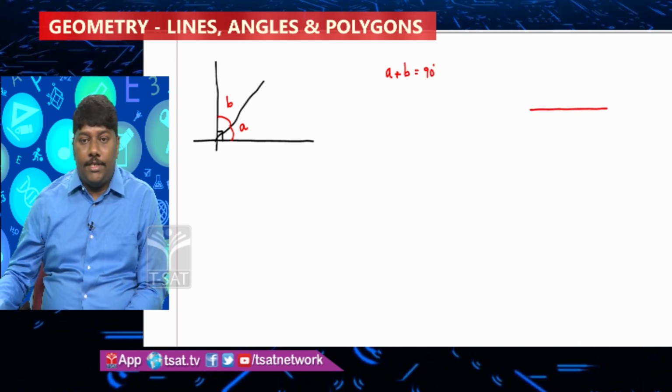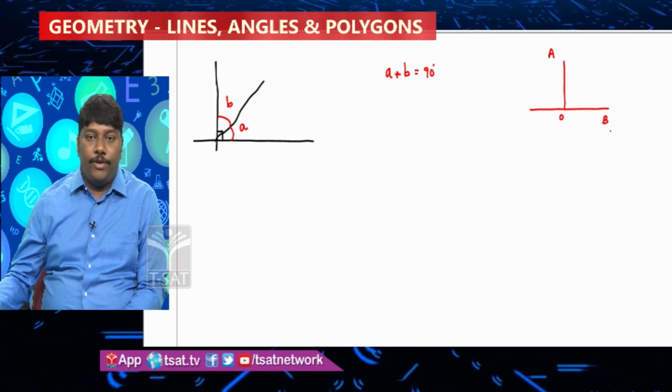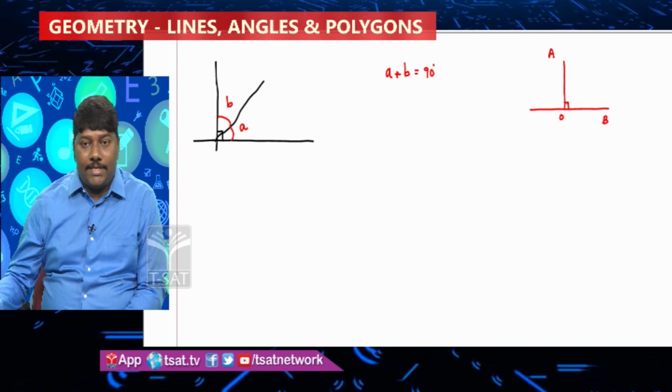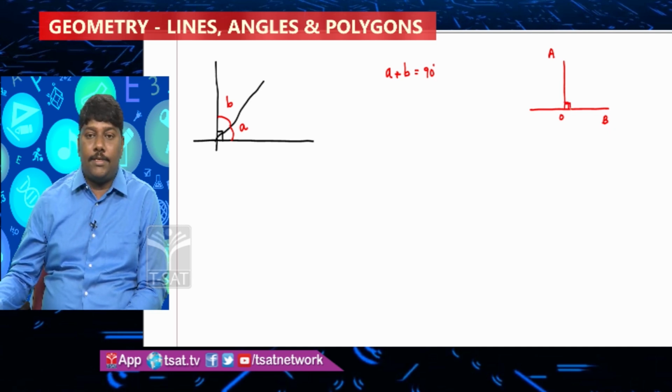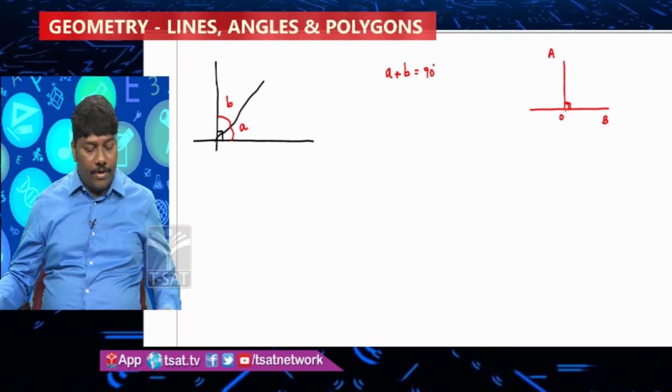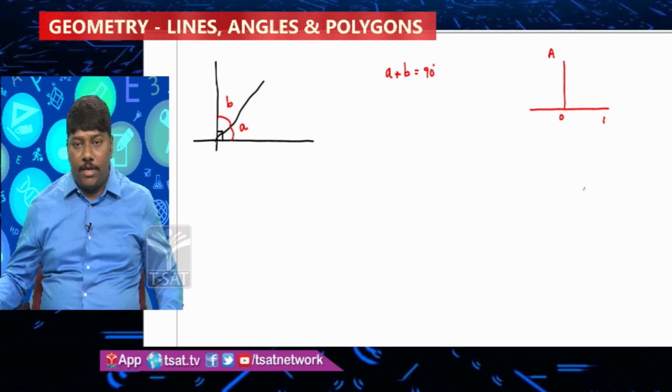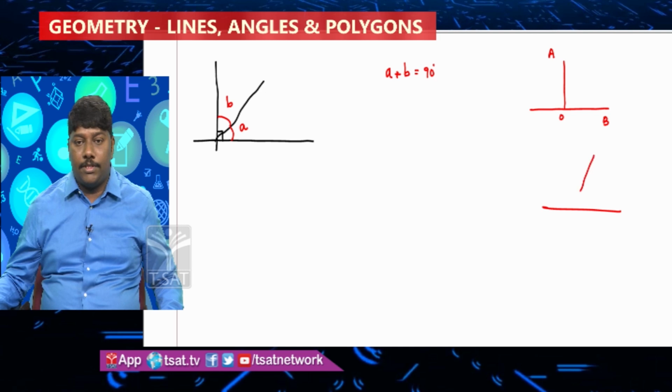Even if I exactly draw 90 degrees, suppose this is given in the exam, angle AOB. What is angle AOB? We don't know, because the symbol is not given. Unless the symbol is given, you can't take it as 90 degrees, even if it looks exactly perpendicular. If a symbol like this is given, it means 90 degrees.